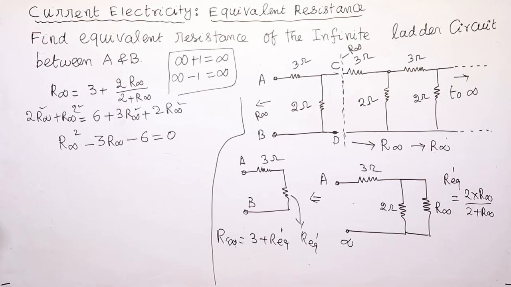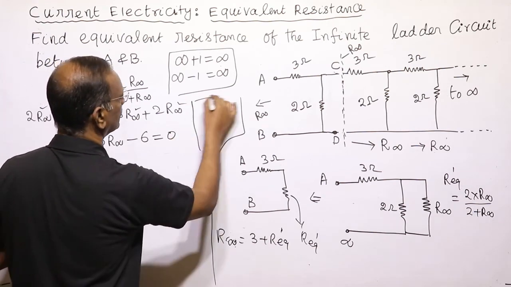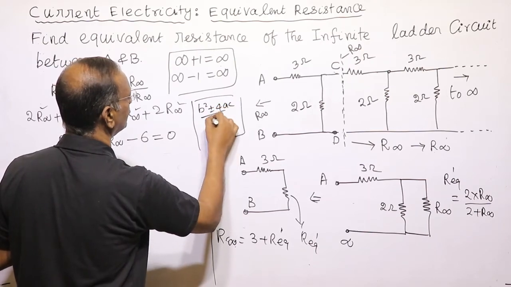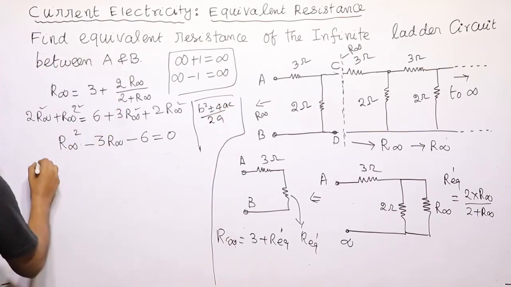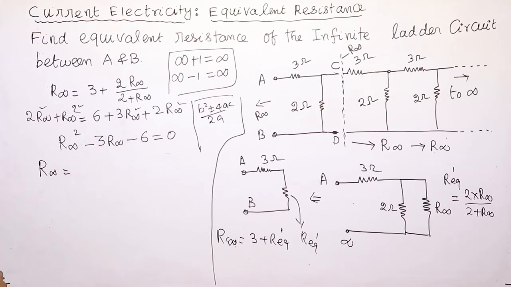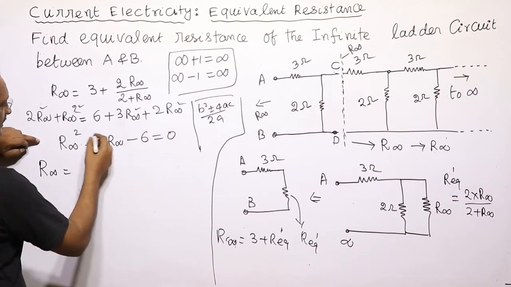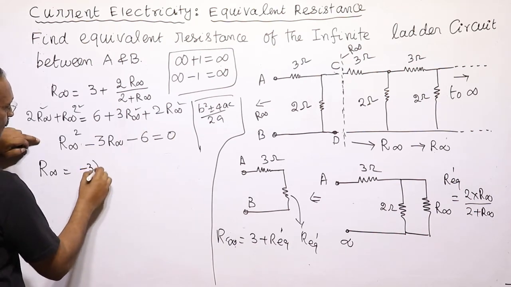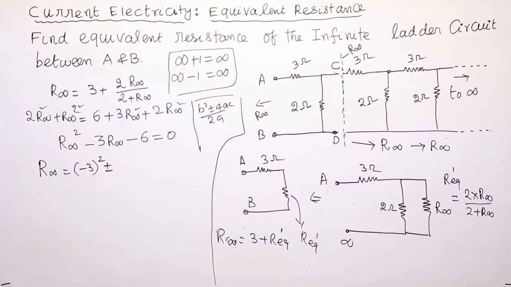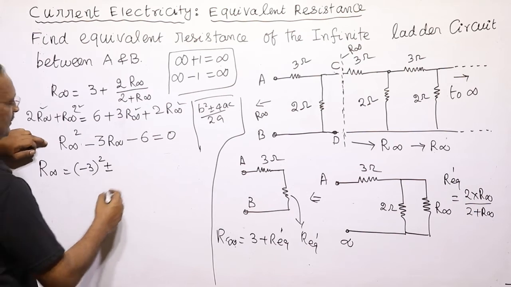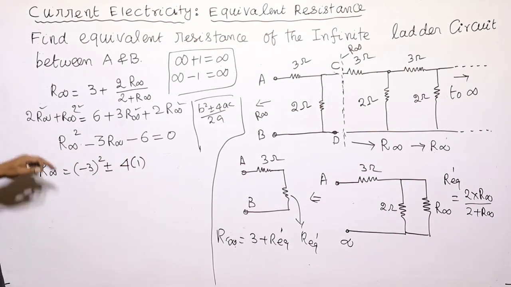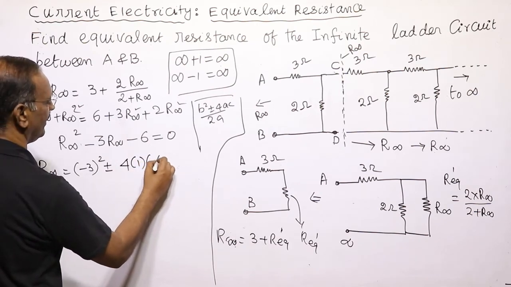We will use the quadratic equation: minus b plus or minus under root b square minus 4ac, divided by 2a. To solve this second-order quadratic equation, here a is equal to 1, b is equal to minus 3, and c is equal to minus 6.